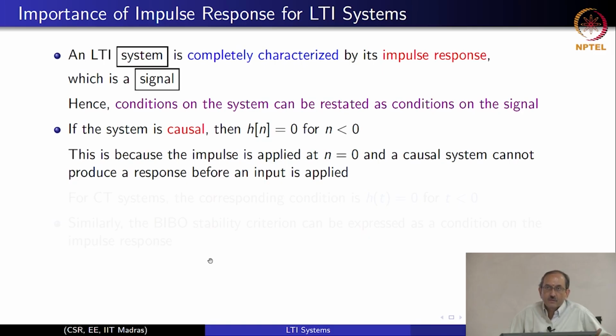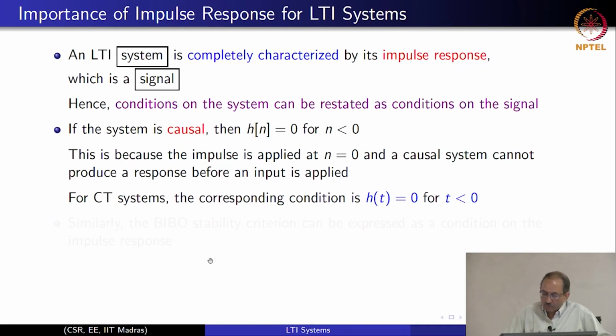The system is causal, which means it cannot anticipate the impulse being applied, and hence it cannot produce a response before the impulse is applied. Therefore, the response necessarily has to begin at n equal to 0 and onwards. Therefore, for a causal system, the impulse response is always 0 for n less than 0. So, the condition on the system is now translated to a condition on the impulse response. So, for continuous time systems, h of t is 0 for t less than 0.